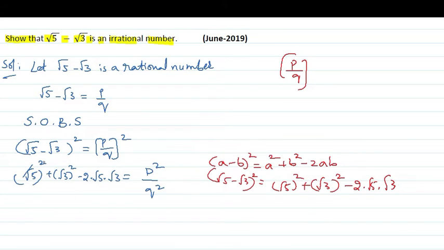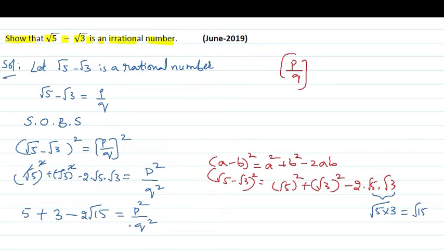Now square and square root we can eliminate, so we get 5 plus 3, then minus 2 root 5 into root 3, which gives root 15. So we can write 8 minus 2 root 15 is equal to p square by q square.